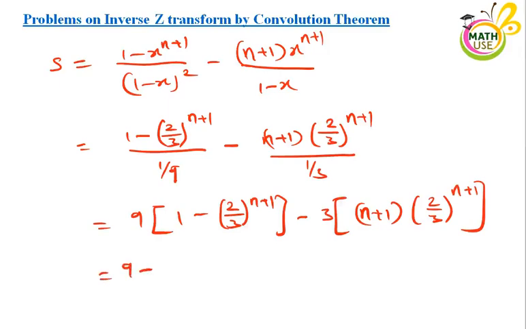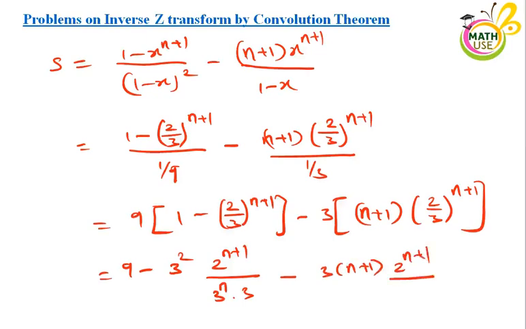So 9 can be expressed as 3 square, and then 2 power n plus 1 divided by 3 power n plus 1. 3 power n plus 1 can be written as 3 power n into 3. Then minus 3 into n plus 1 into 2 power n plus 1 divided by 3 power n into 3.